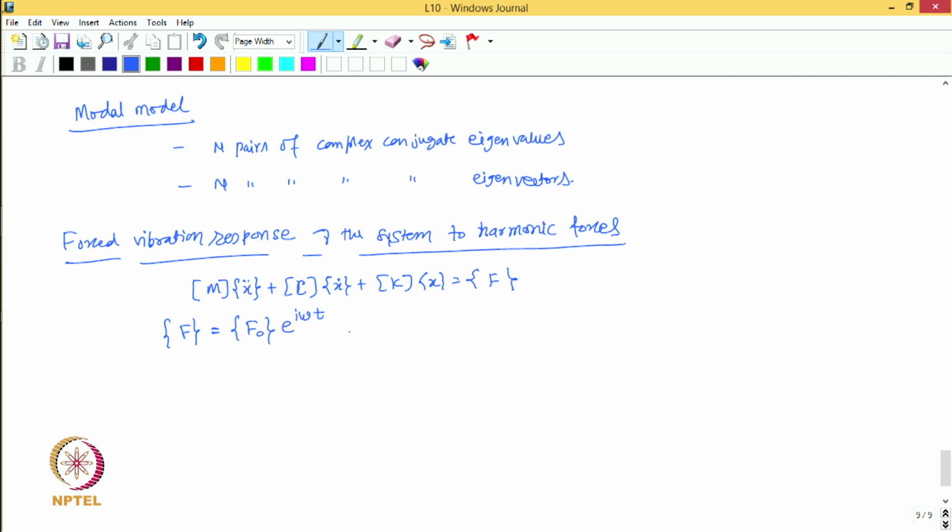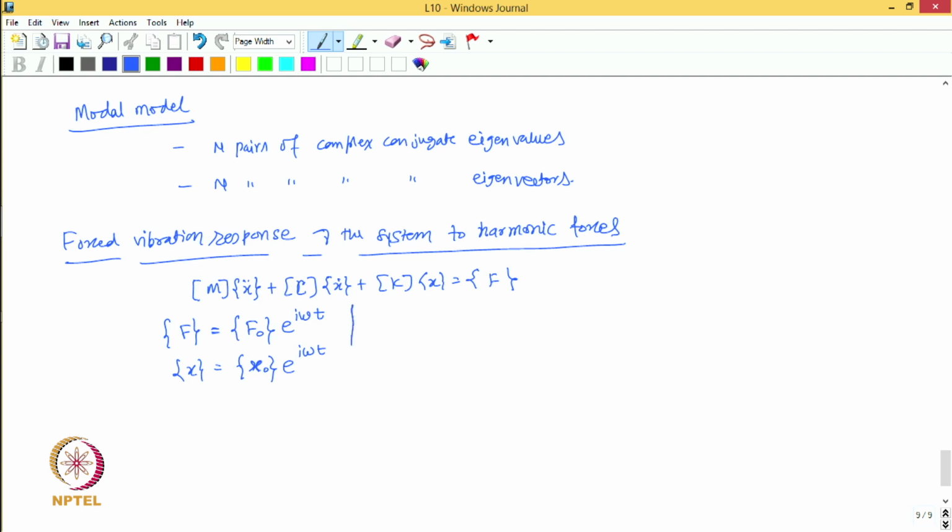And if we assume that the displacement response, the steady state response, is given by x naught e to the power i omega t, right, which is true because the frequency of the motion will be same as the frequency of the harmonic forces, but here the amplitude x naught is something which is unknown, right.